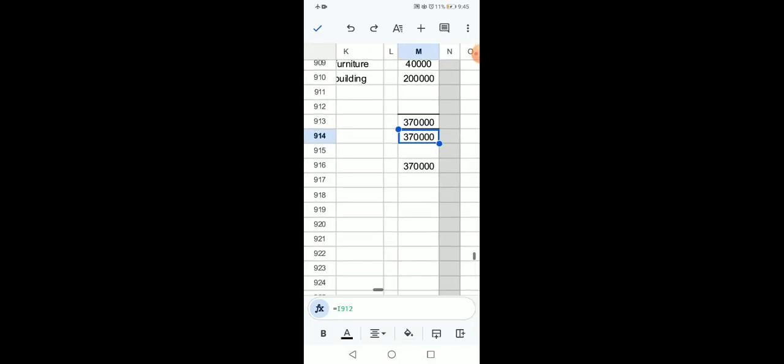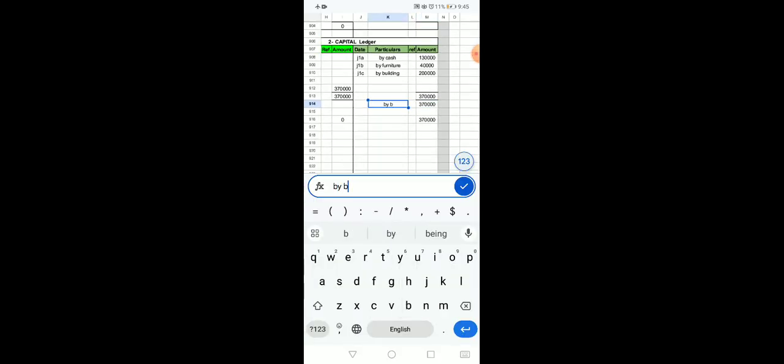When you bring it down, you will write the same amount which is present over here, 370,000. So 370,000 has been put over here. Here you will write 'by balance', but what you will write is 'balance brought down'. What you have done is you have picked the balance, the initial balance was on the debit side, and you have taken it to the opposite side, downwards, and brought that balance down.